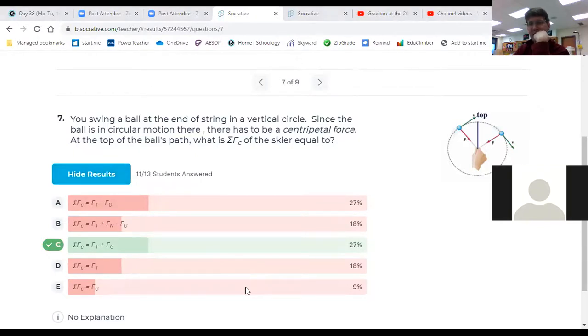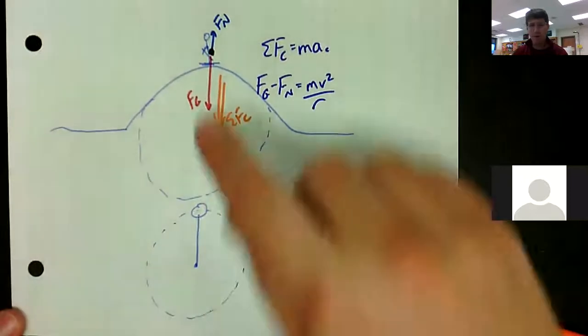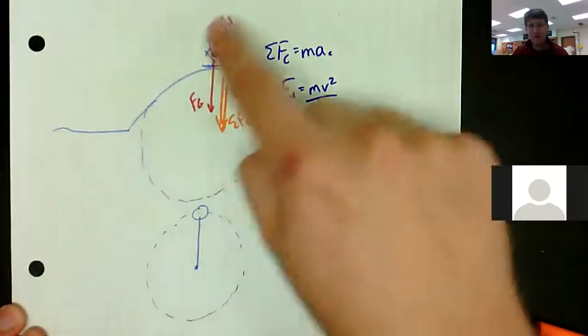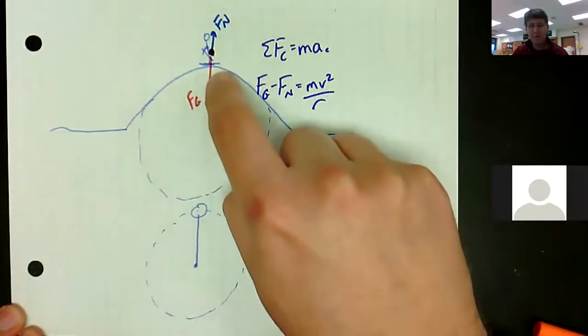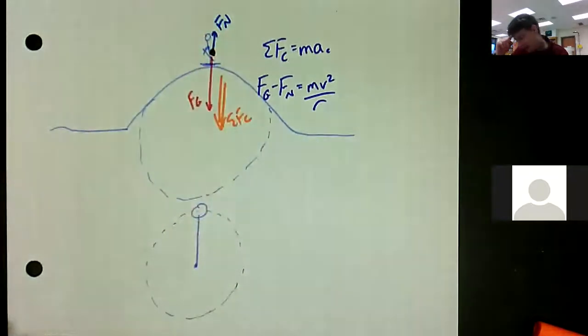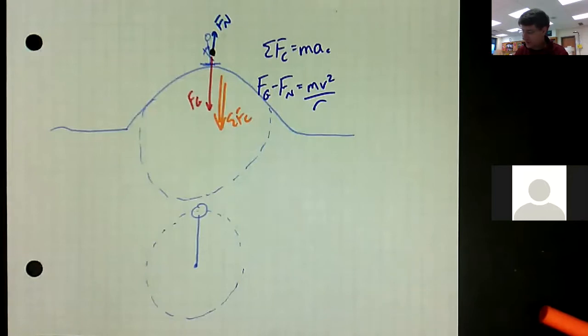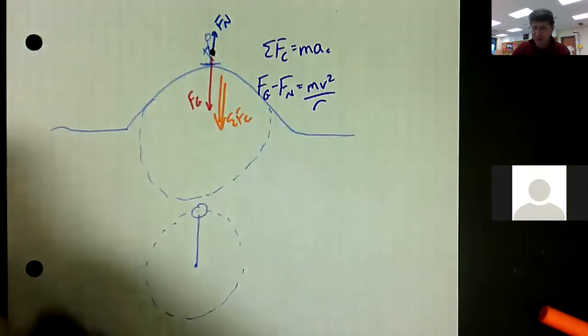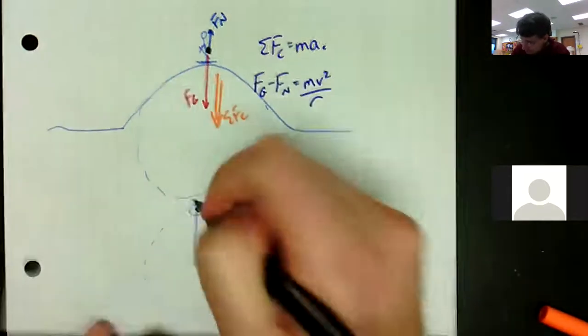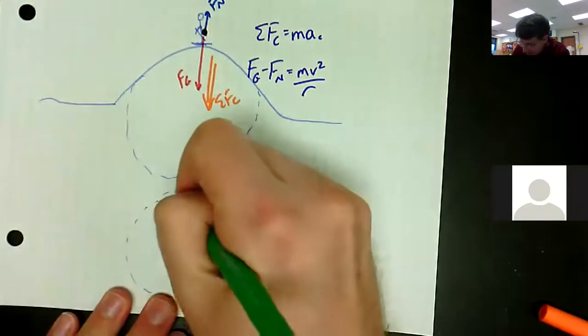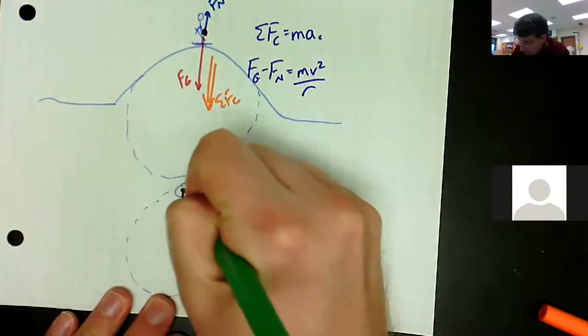Let's go back to this here. You've got to remember, ropes cannot push, they can only pull. When I was going over a hill, normal force was pushing this guy up. Well, a rope can't push anything. A rope only pulls things. So if I draw a free body diagram for this one, my tension has to come down because it's got to pull.